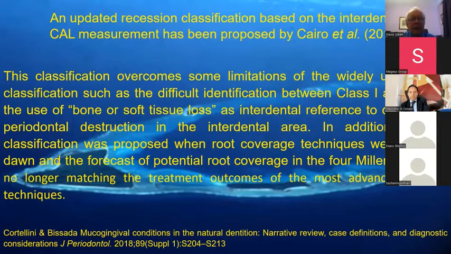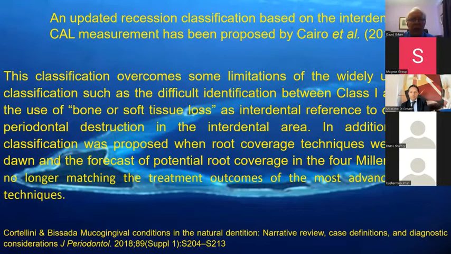And the argument was that the new classification overcame some of the limitations of the Miller classification: the difficult interpretation of class 1, 2, and 3, and the use of bone and soft tissue loss as an incidental reference to diagnosis. And we have this issue of the periodontal destruction, which is very difficult to treat.